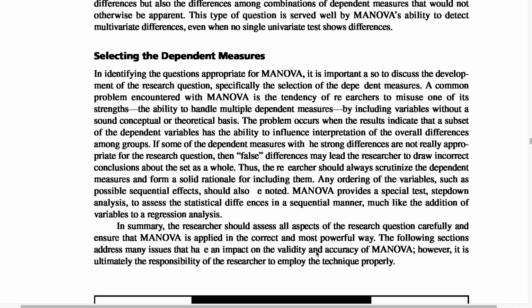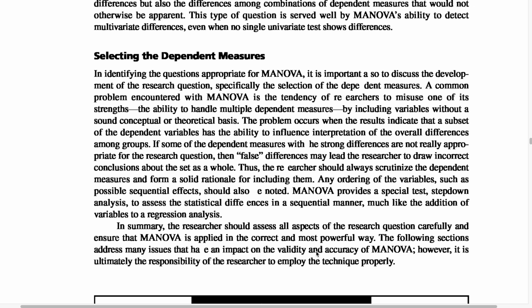Selecting the dependent measurements. In identifying questions appropriate for MANOVA, it is important to discuss the development of research questions, basically the selection of dependent measurements. A common problem encountered with MANOVA is the tendency of researchers to misuse one of its strengths, the ability to handle multiple dependent measurements, by including variables without a sound conceptual or theoretical basis.